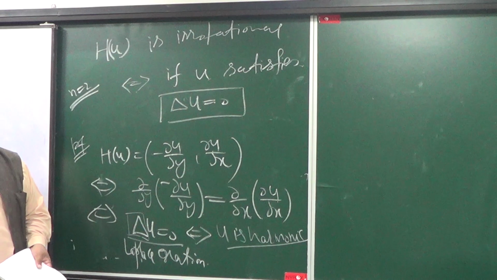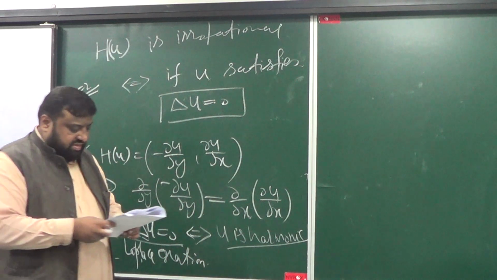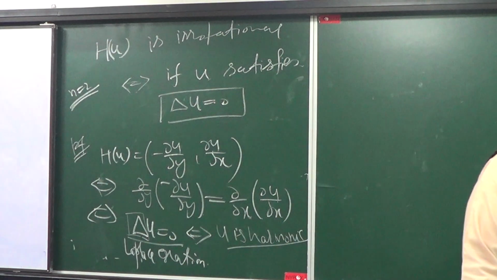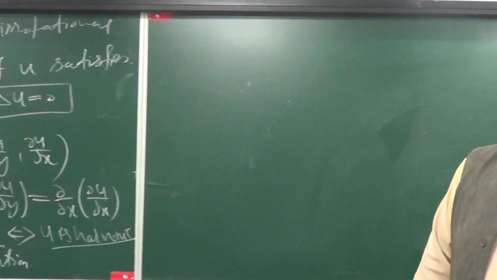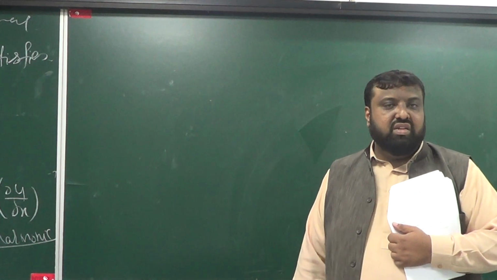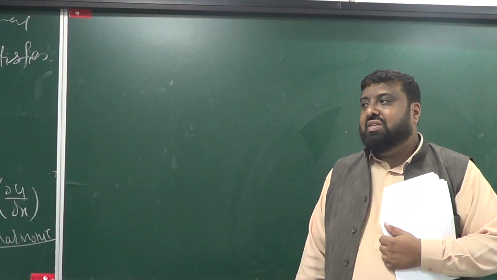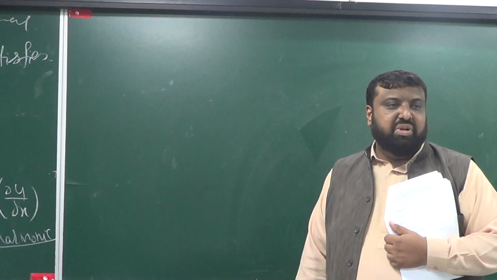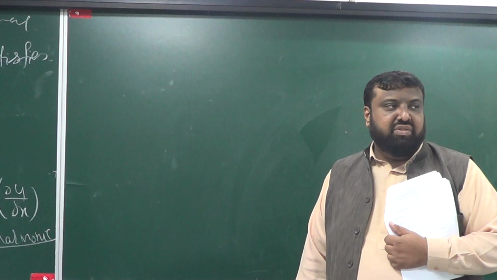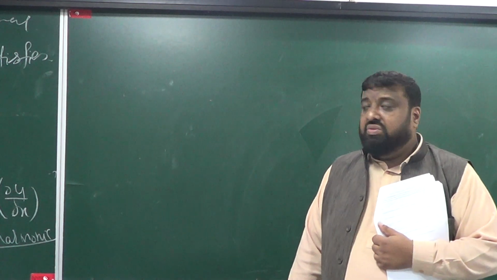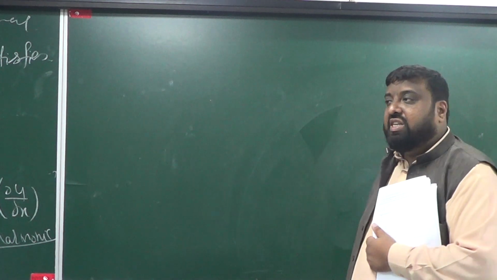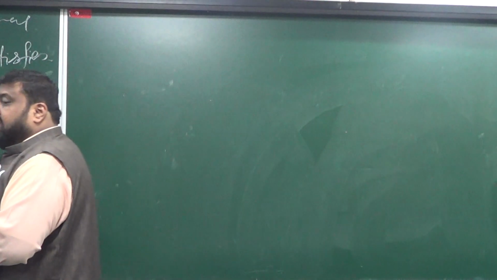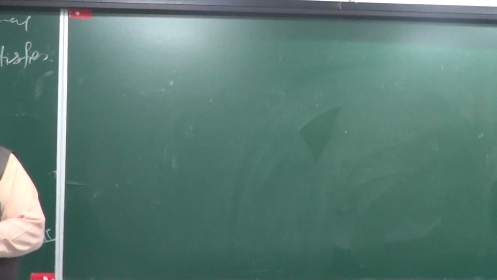Here's a question. What does this tell you, क्या बताता है आपको ये, conclusion about the Hamiltonian field? So the Poincare lemma tells you that if a vector field is irrotational, then you can find the potential of it.